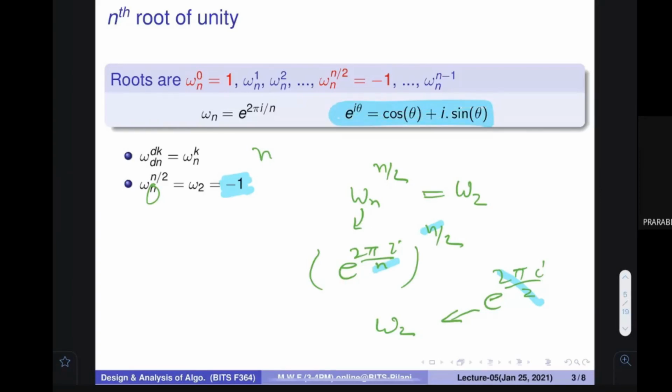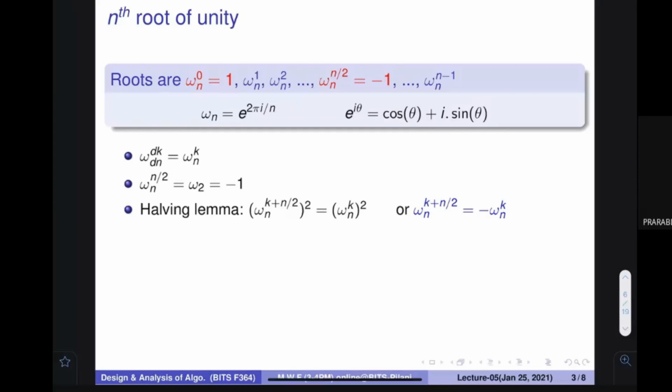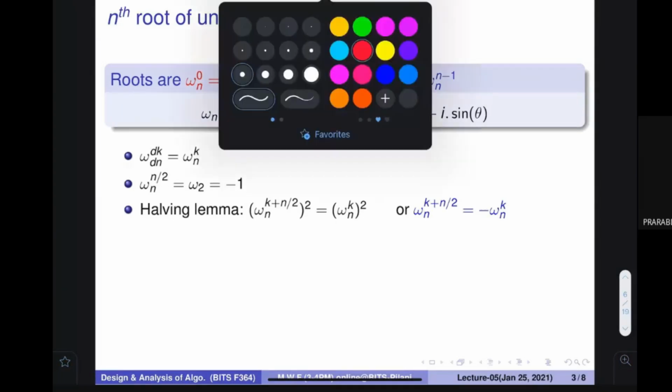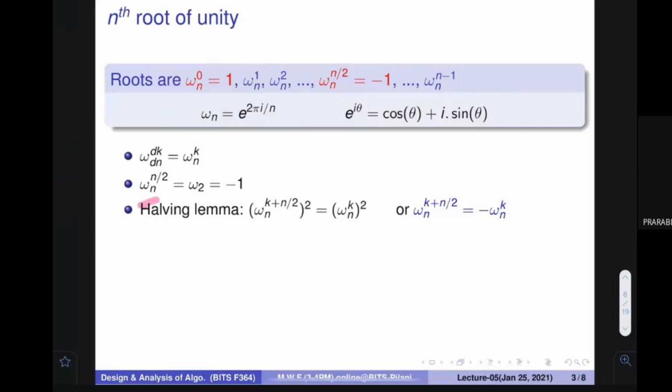We are doing a lot of mathematics today. The next thing is a very important result called the halving lemma. What is the halving lemma? It says that (ω_n^(k+n/2))^2.